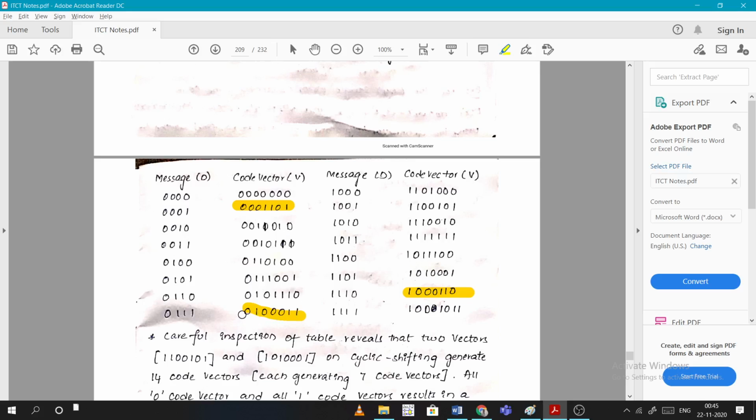Now if I rotate again, 1 0 1 3 zeros, here. So those rotations will not be in the same order, they will be random, but they will be present in one of the positions. It's not like if you rotate it will be in the next one. Somewhere it will definitely be present in the table.